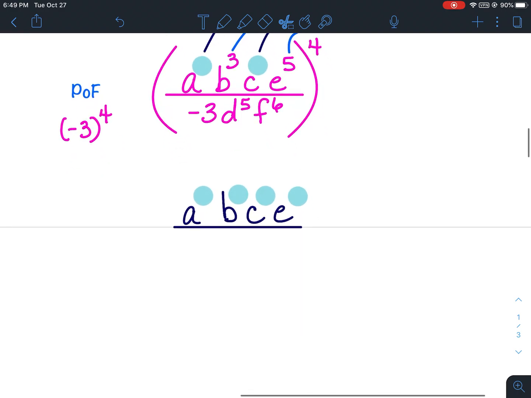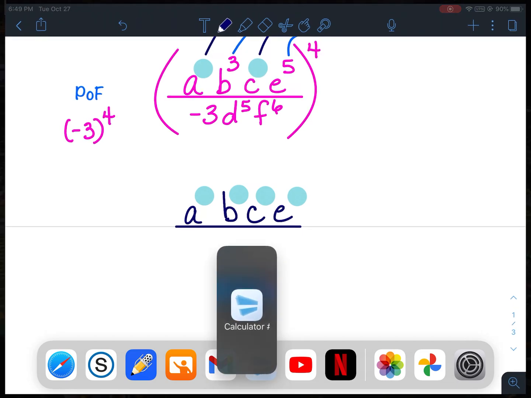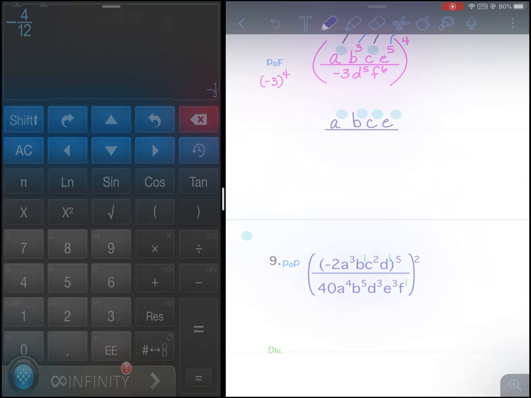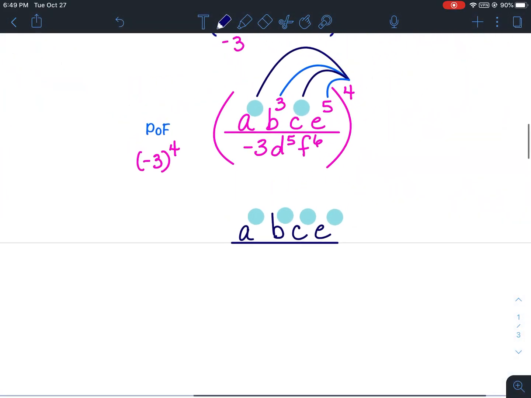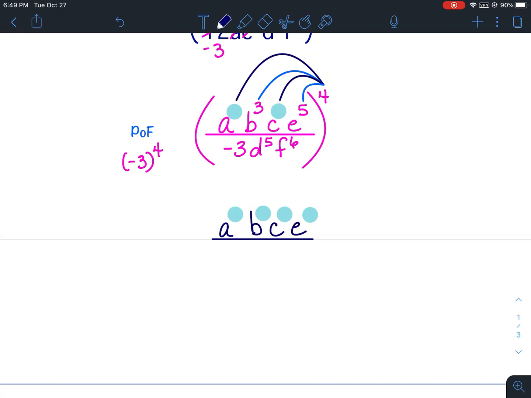In the denominator, I do need to start with -3 to the 4th power. So in parentheses, I put the -3, and this one is where it's extremely important that you put parentheses. So I got -3 to the 4th, which gives me positive 81. So in the denominator, I'm going to have 81.